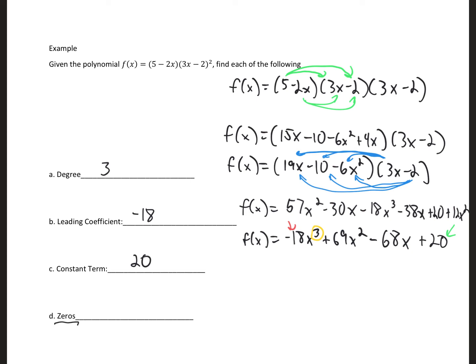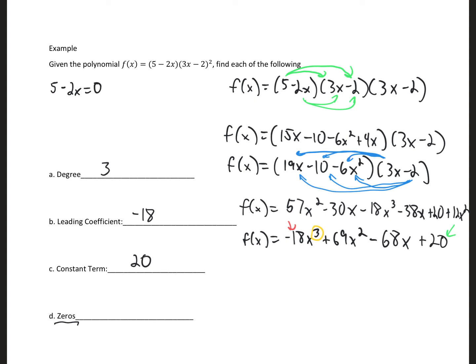The zeros, which is places where the function will output 0, are easier to identify in the factored form. Zeros occur where the function equals 0. So if for any of my factors I had a value of 0, the function would equal 0. So what we're going to do is take each factor, so 5 minus 2x, and set that equal to 0.